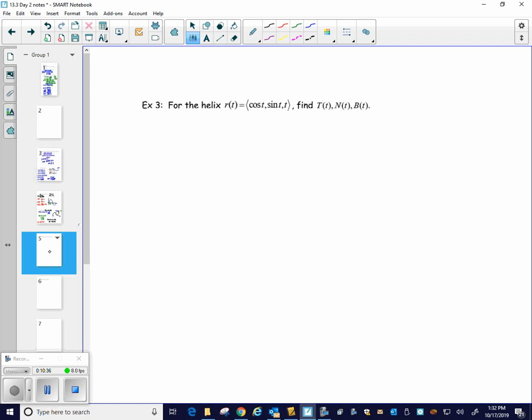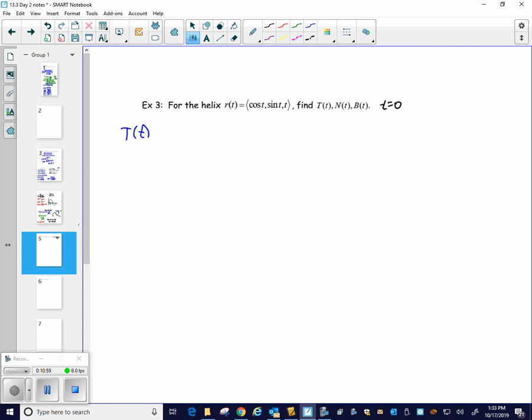So we are supposed to, for the helix, find T(t), N(t), and B(t). And let's add that we want to also find all of those when t equals 0. So we're going to find all of them in general, but then we're also going to plug in t equals 0. So let's find the tangent vector first.